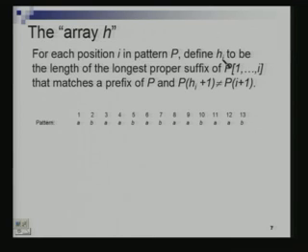Hi tells me how much I am going to shift the pattern by if there is a mismatch at position i. Sorry, Hi is the extent to which I will shift the pattern if there is a mismatch at position i plus 1. Okay, that is going to be the semantic.